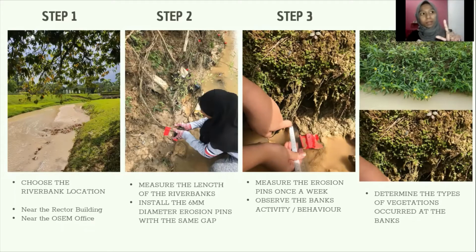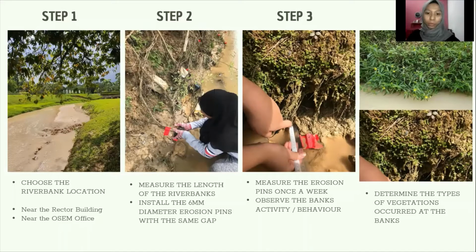Some might have a 20 cm gap, some might have a 15 cm gap. So it depends on the behavior of the water at that section and how shallow the water is.